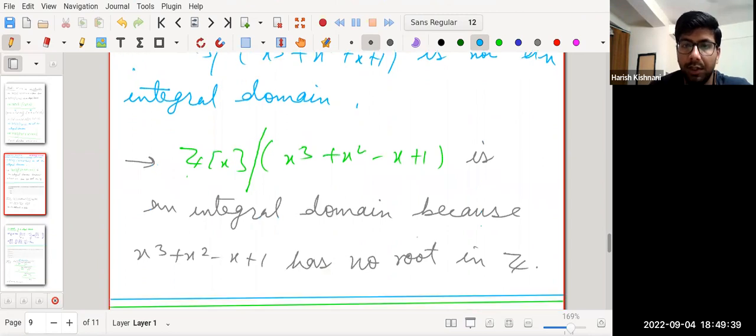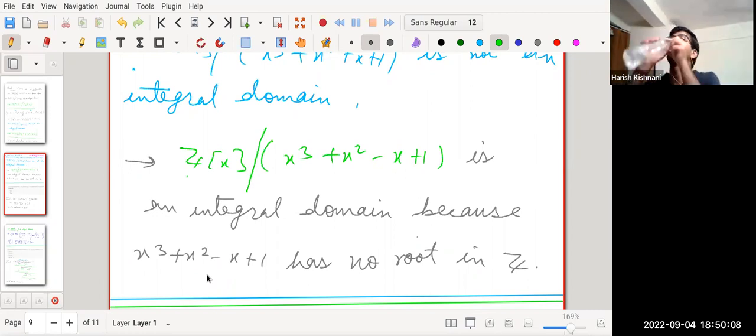Now for the next, it's up to you guys to see that this polynomial x cube plus x square minus x plus 1 is, sorry, is an integral domain because this polynomial has no root in Z. As it has no root in Z, it is irreducible inside Z[x].